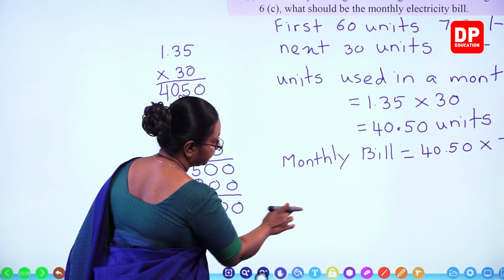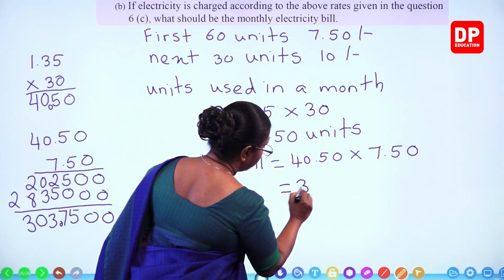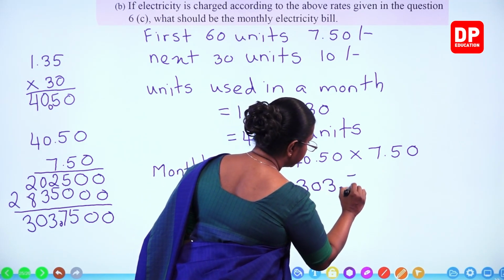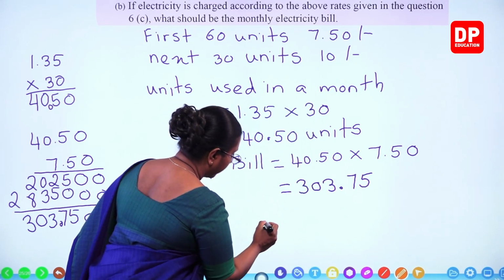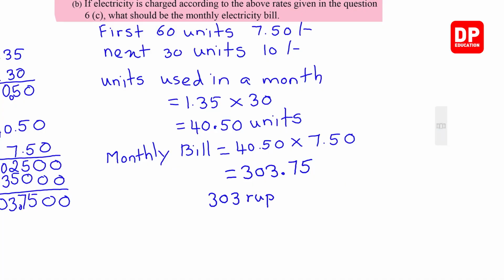So there the bill value is 303.75. You can write it as 303 rupees and 75 cents. Is that okay, students? So we did both the calculations.